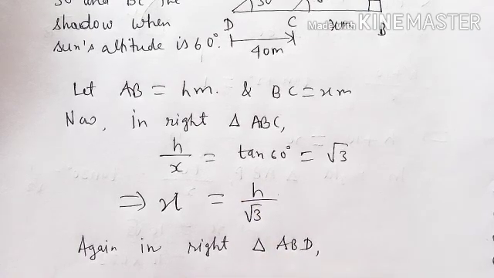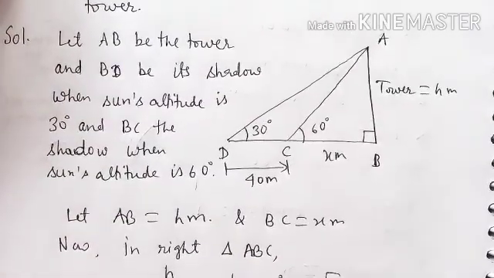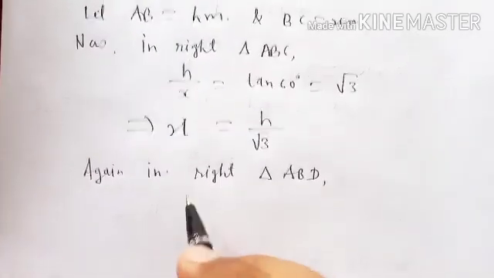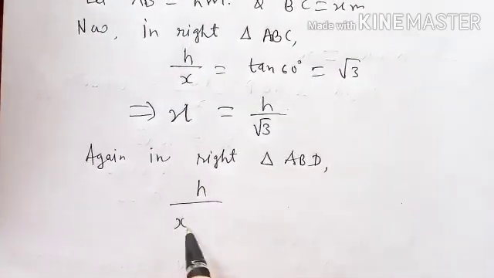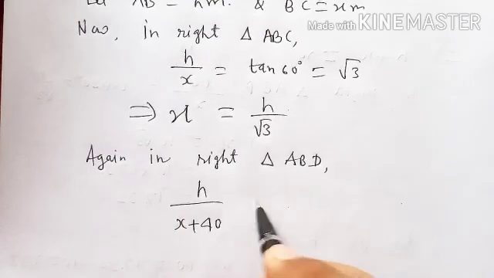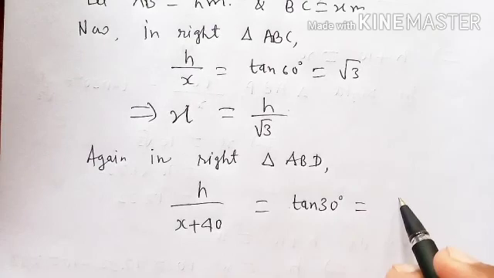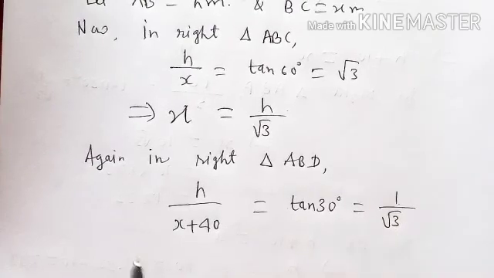So in ABD we can write h by x plus 40 is equal to tan 30 degree. x plus 40, tan 30, and tan 30 is 1 by root 3.